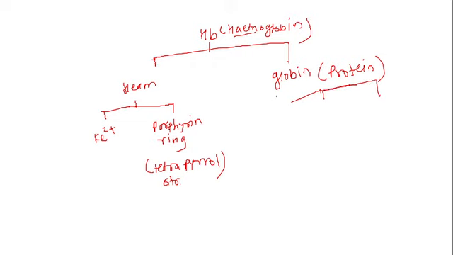My handwriting is not good, so please bear with what I am writing here. This globin is the proteinous part, and it contains two types of protein. The first is called the alpha chain protein. It contains two alpha chains.